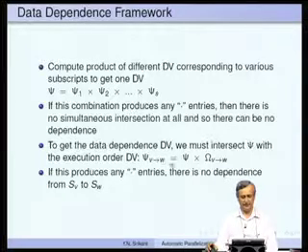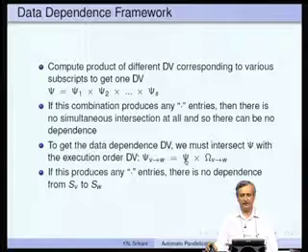This can be done by intersecting the direction vector that we get here with the execution order direction vector for that particular construct. Depending on which type of loop it is, we would have computed the direction vector psi of v to w by looking at the syntax of the loop. Omega v to w is the execution order direction vector.